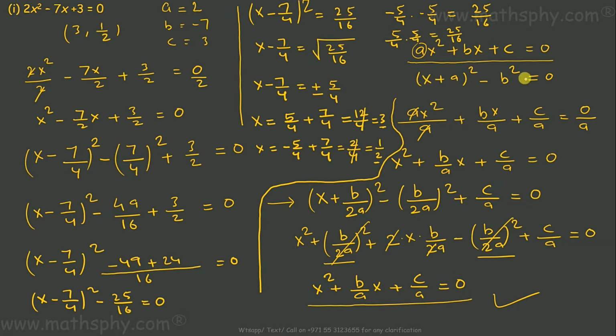As I said in the beginning, if this quadratic equation is changed to this format, x plus a whole square minus b square equals 0, I can find out roots.